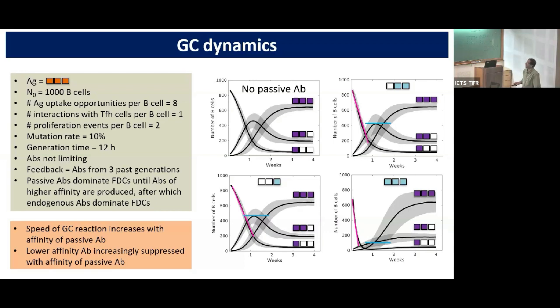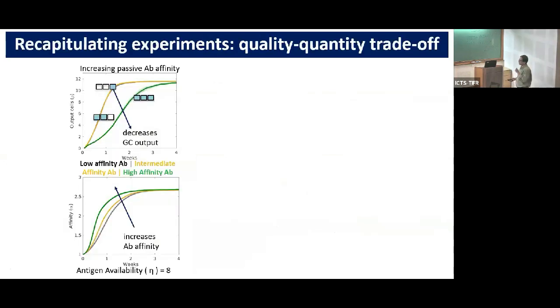Now, some of these processes, are they real? Are they seen in experiments? So we looked at some experiments where some of these evolutionary processes have been observed. One of the observations that we made, and which is also seen in some experiments, is this business of the quality-quantity trade-off. So now if I repeat this evolutionary process as I did earlier with low, intermediate or high affinity passively administered antibodies, two things happen.